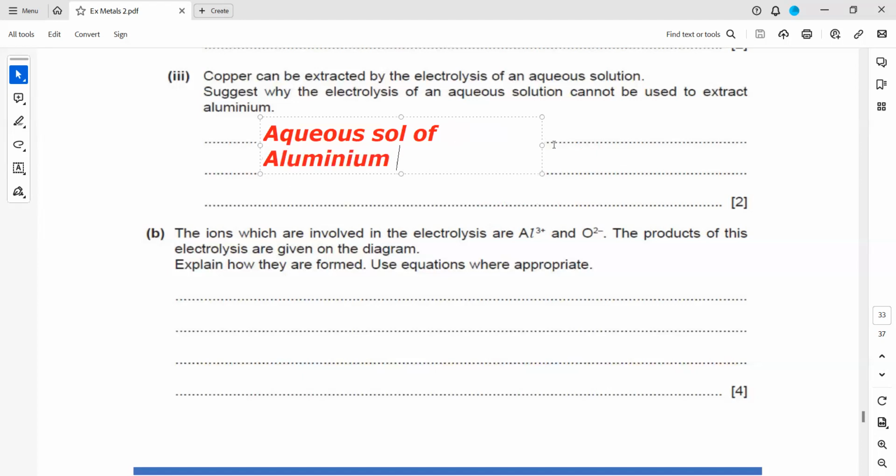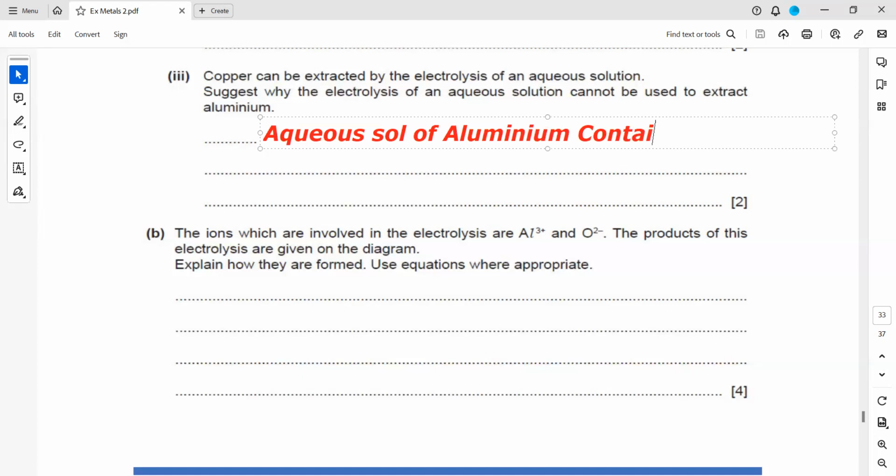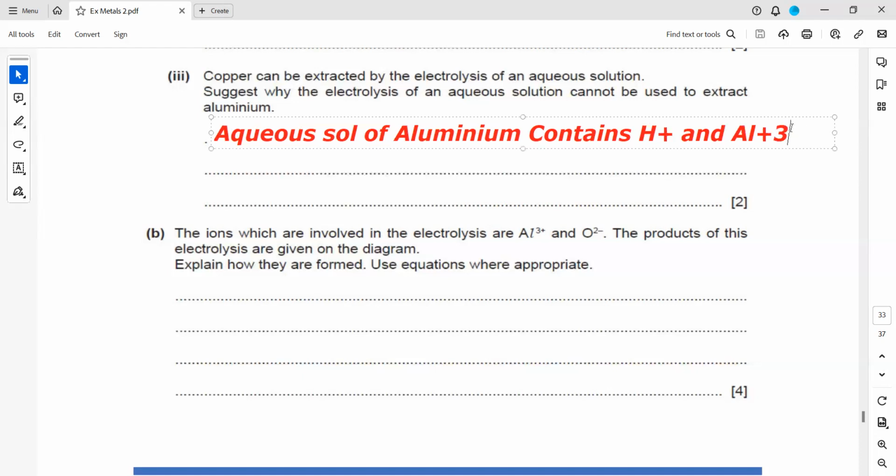So the aqueous solution of aluminium contains both hydrogen ions and aluminium ions, both. Then what will happen?